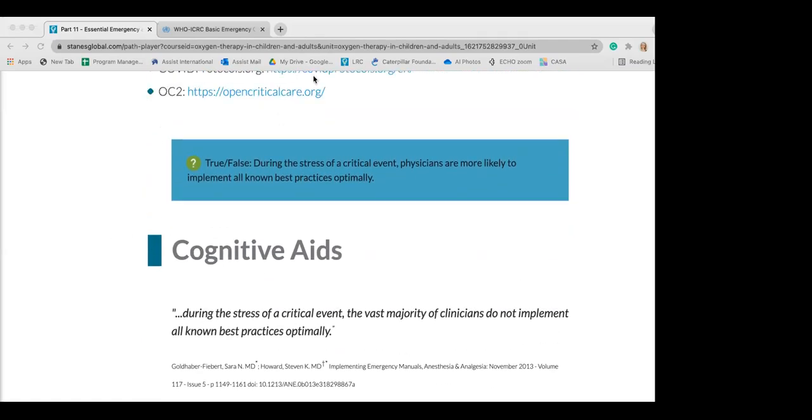That brings us to a quick question. True or false? During the stress of a critical event, physicians are more likely to implement or know best practices. True or false? You have 30 seconds.